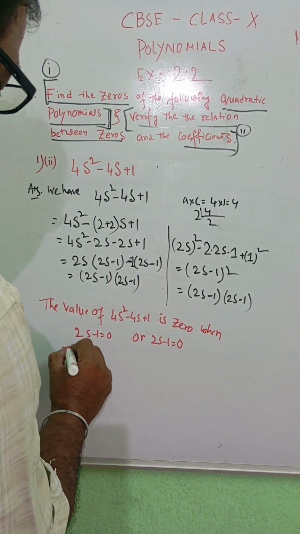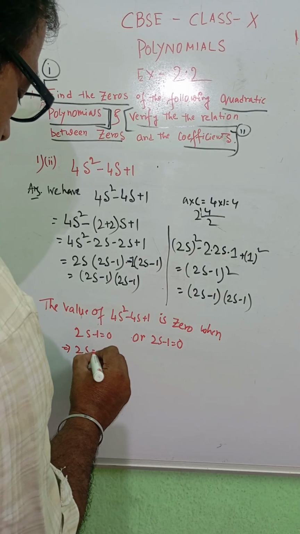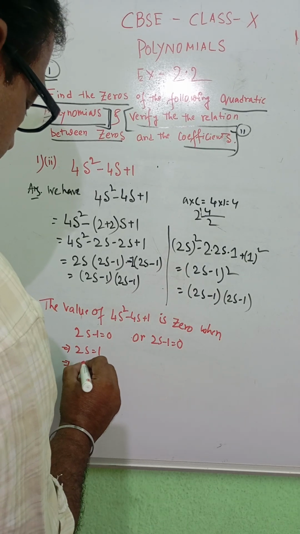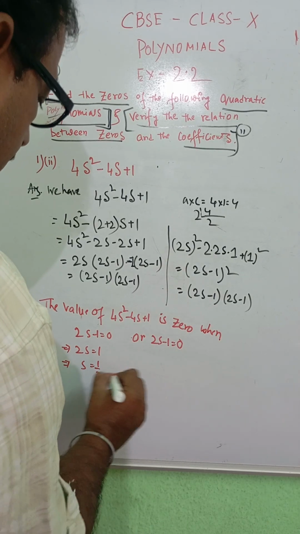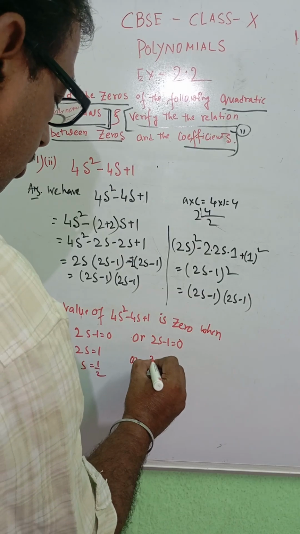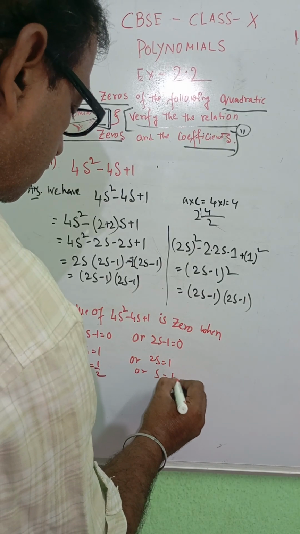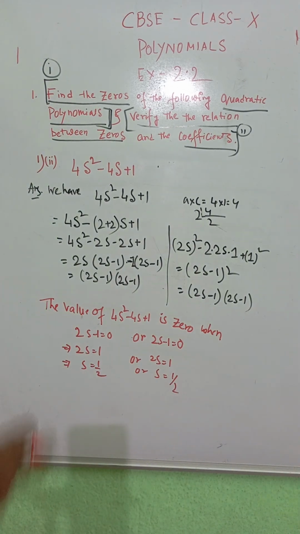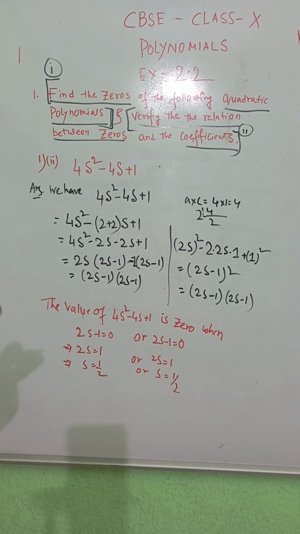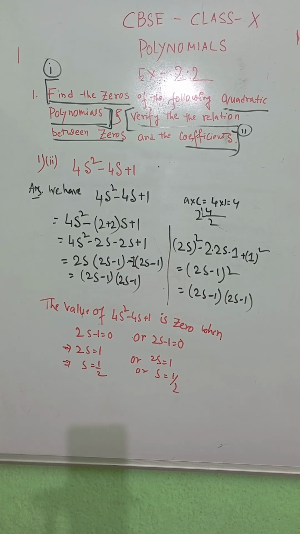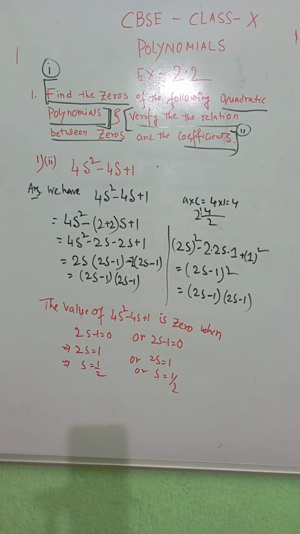Now 2s is equal to 1, and s is equal to half, or 2s is equal to 1, or s is equal to half. We have to do it in this way, not directly write that the zeros are the same.